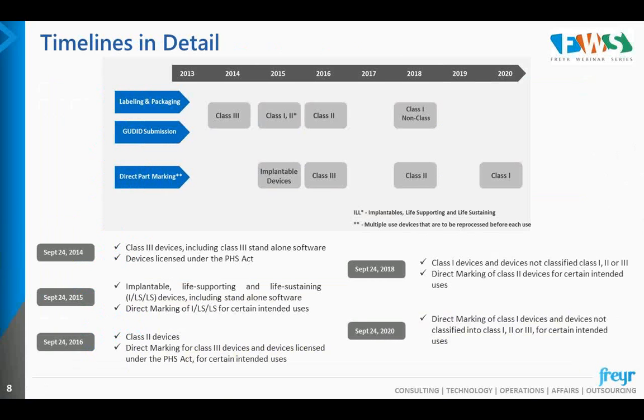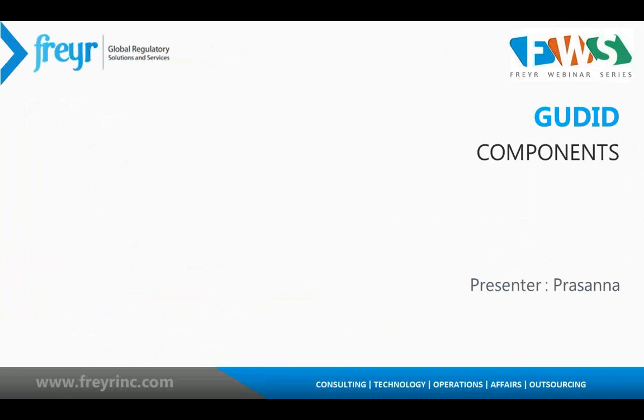And then in parallel with that, there's also the direct part marking going from 2015 up to 2020. So again, it's a phased deployment starting with the highest risk devices, Class 3, moving to Class 1. And Class 1 could be as simple as a bandage, tongue depressor, or something a little bit more benign. Next slide, please.